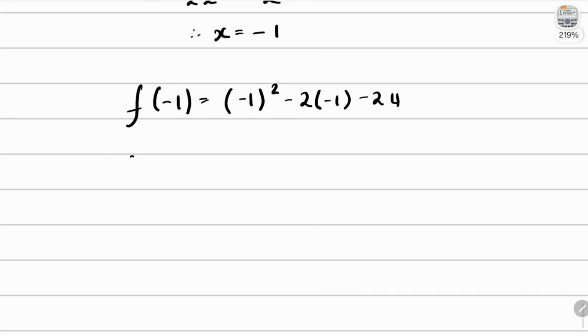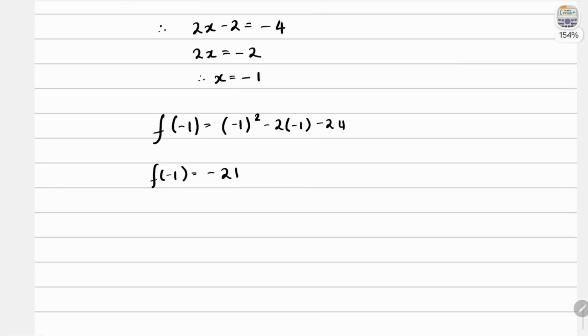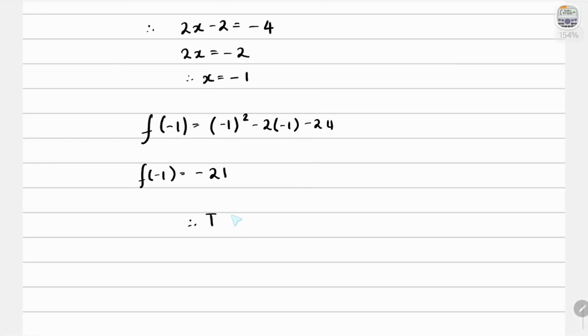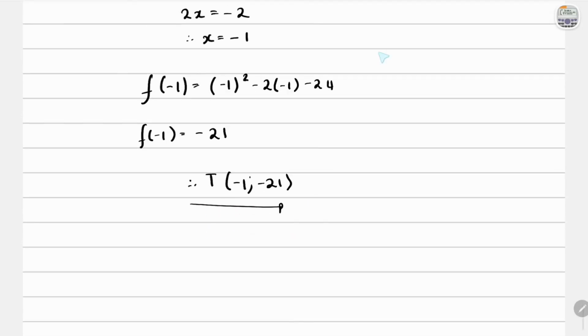Okay, so f of -1, we have 1 plus 2, because that's going to become positive. That's 3 minus 24, which is -21. So it means that the coordinates of T are (-1, -21), and that is our answer.